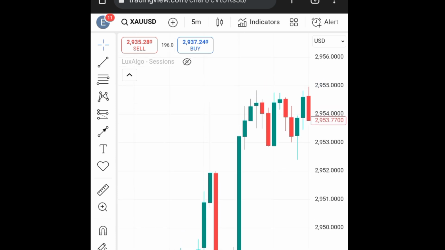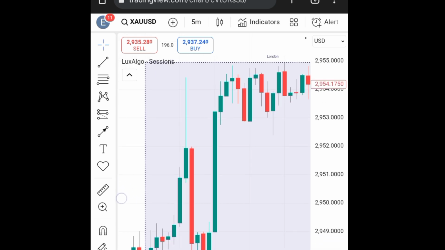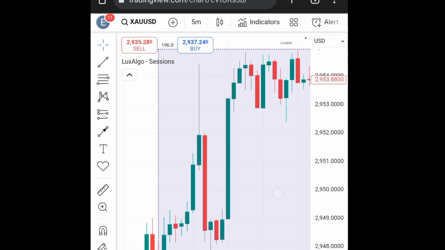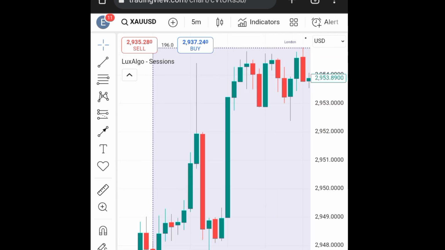Let us plug in our London indicator, which is our Lux Algo indicator. So now our London indicator is being enabled. Inside this London is where we are going to be looking for our break of market structure to the downside, because we are trying to take a sell trade because the market is breaking structure to the upside.